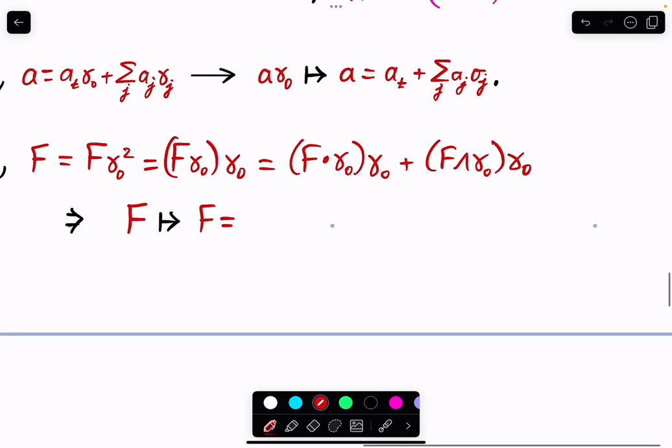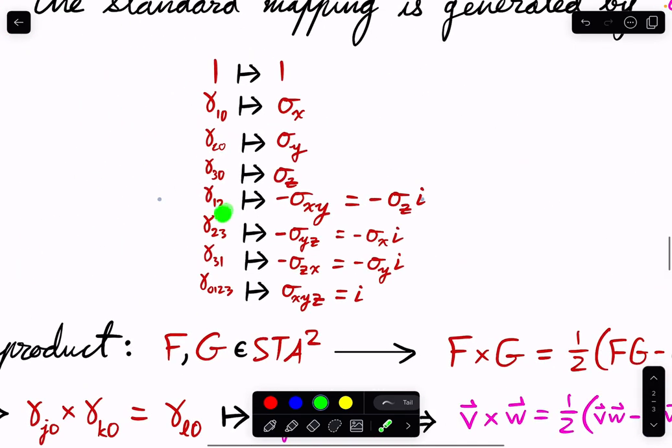So this implies that f maps to f equal, you end up with the sigma components here. So you end up with f_j sigma_j plus, and this right here creates a trivector, which then becomes, this gamma_0 gets rid of the time component in this trivector, making it one of these bivectors that'll map to one of these.